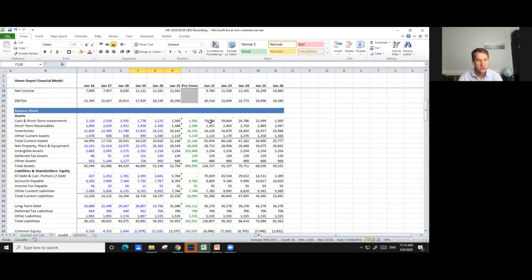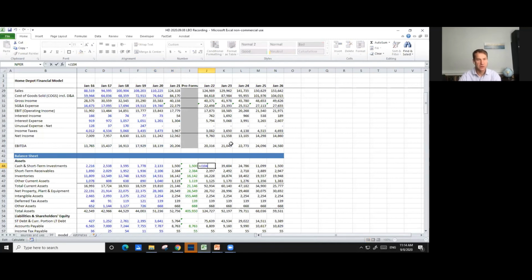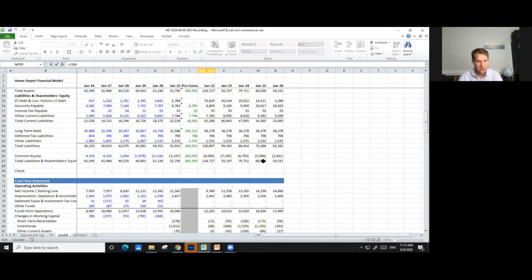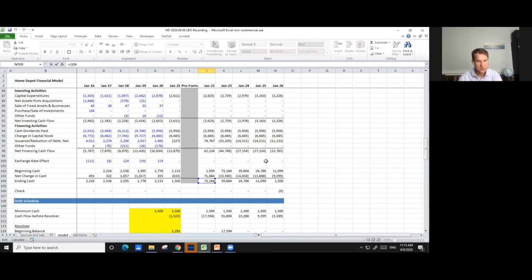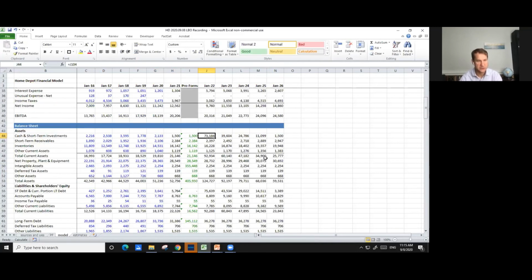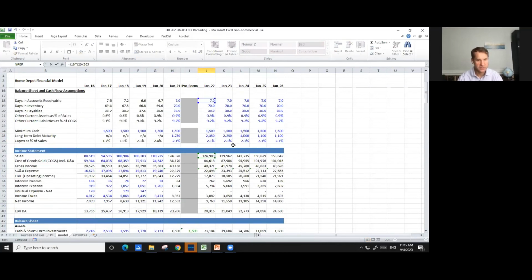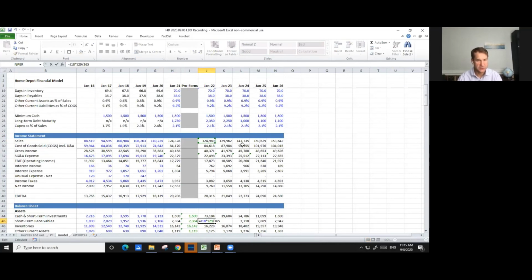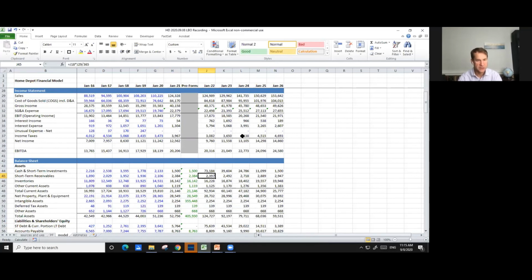All right. So let's start with the balance sheet and check every formula for January 2020. So cash is coming from the ending cash, that's fine. Short-term receivables are based on days accounts receivables and revenue, that's fine.